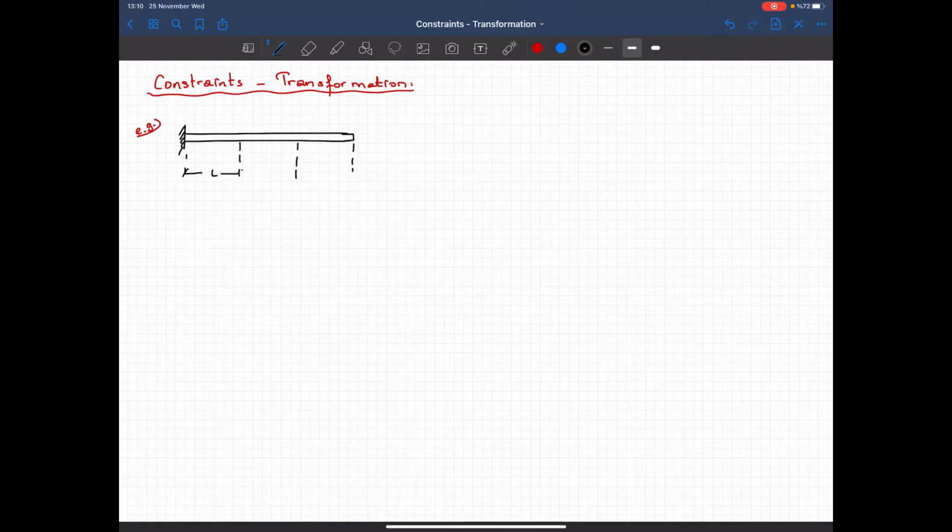Each of them has length equal to L. And I'm applying an axial load that's equal to P. Another axial load here that's equal to P, and another axial load here that's equal to P. Now let's assume that each member has an axial rigidity equal to K.